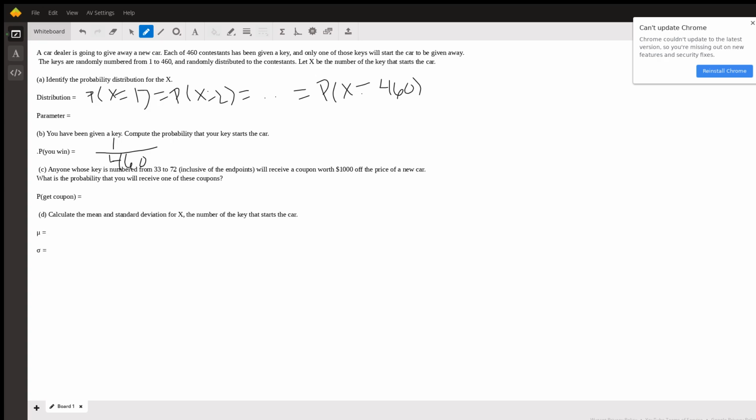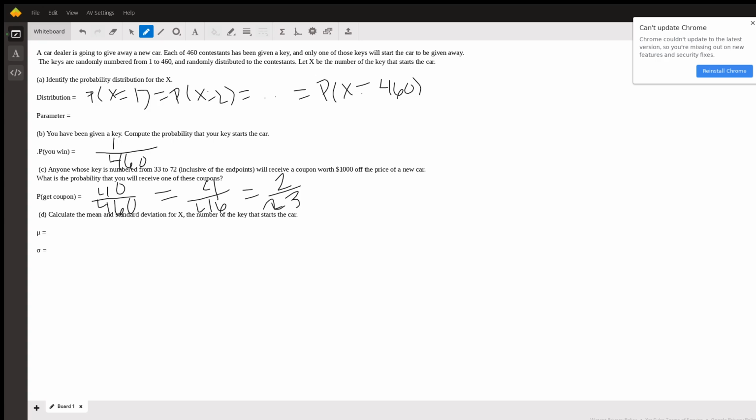Well, 33 to 72 is a possible 40, out of a total of 460 keys. So you might want to reduce this a little bit. That's equivalent to 4 out of 46, which is equivalent to 2 out of 23. So that's the probability that you receive one of these coupons.